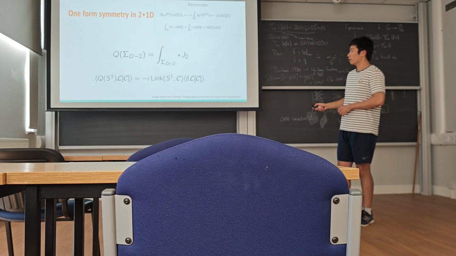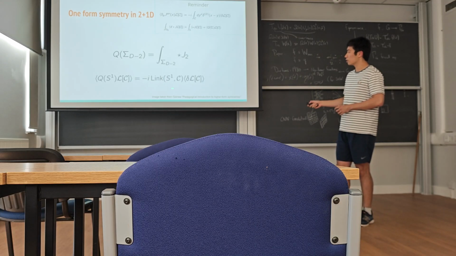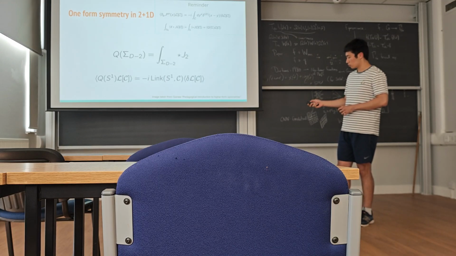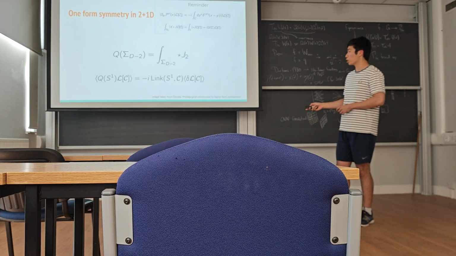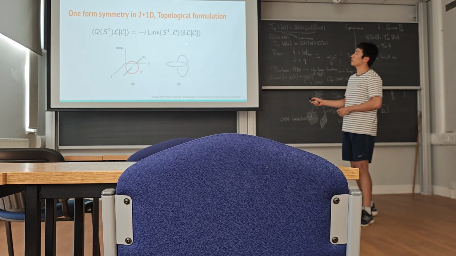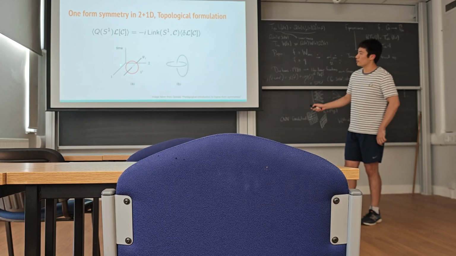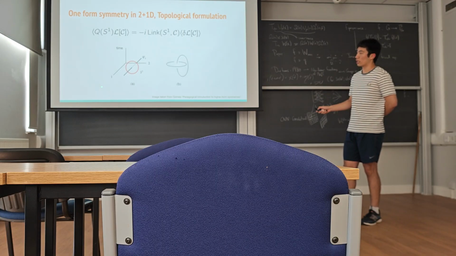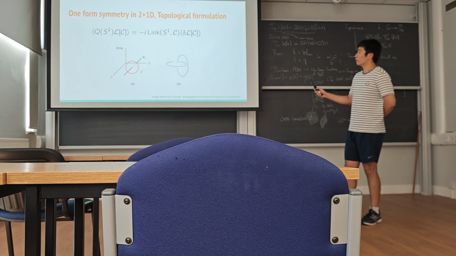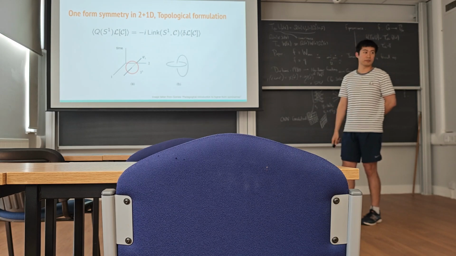Then this actually gives us a very nice topological interpretation, which is the link of S1 and C. And depending on the nature of C, we can have 2 pictures. First, if C itself is infinitely extended, then we have such a link. If C itself is a closed curve, then we actually have what is known as a Hopf link.